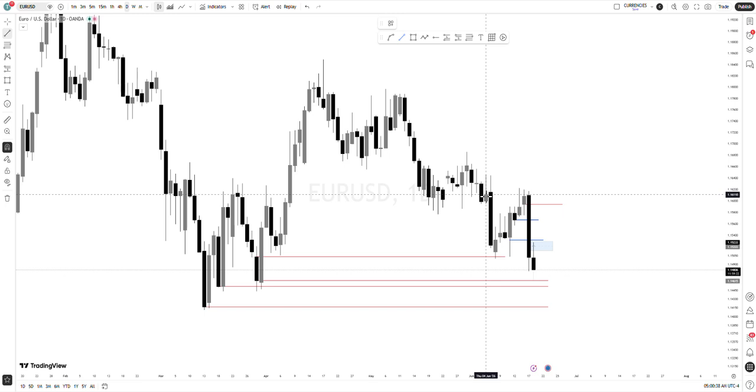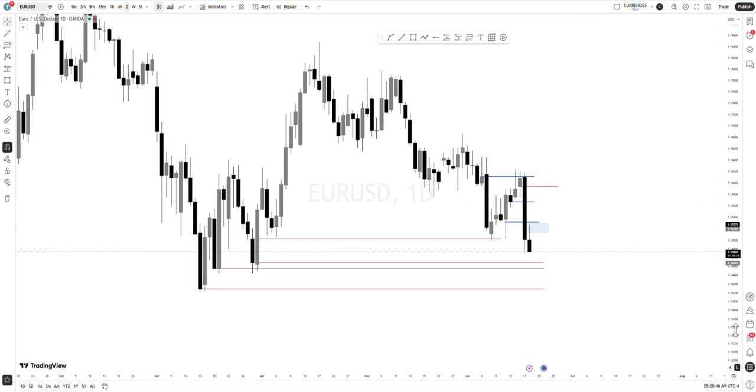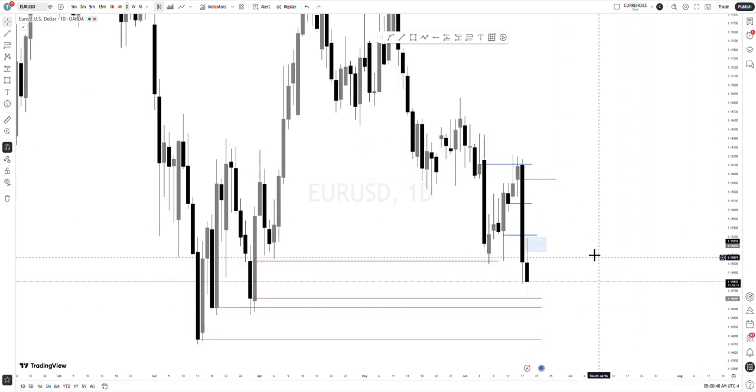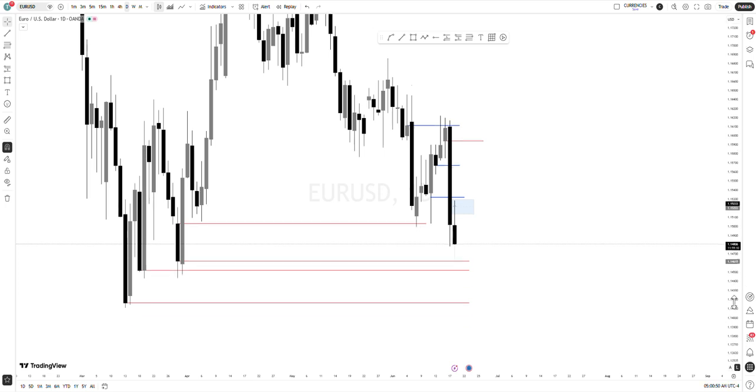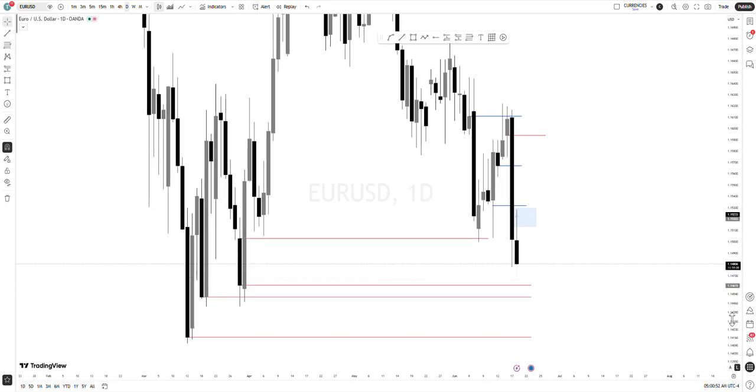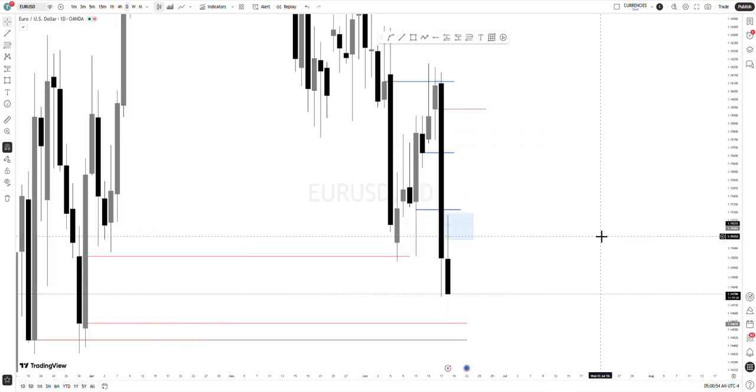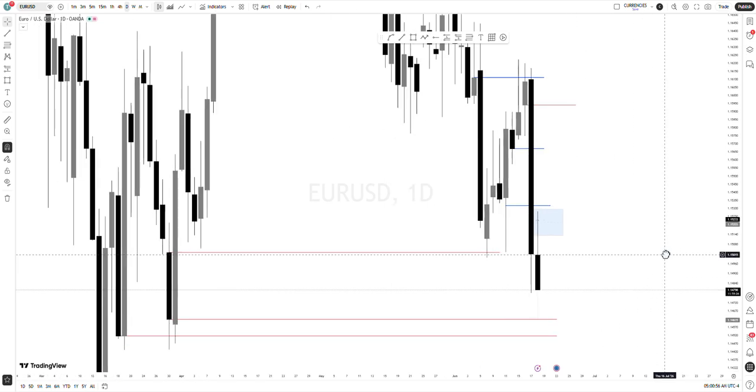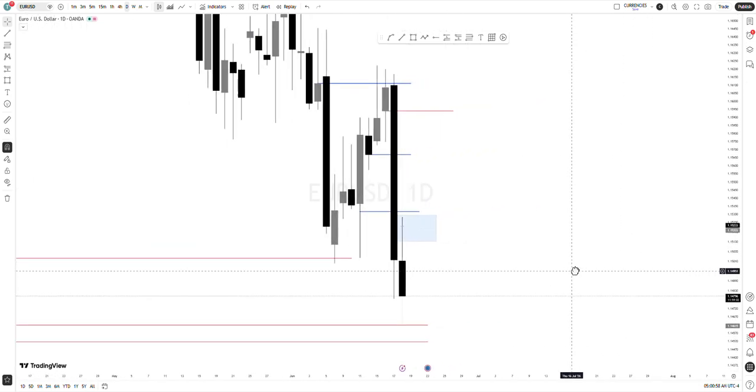This bullish key level rejected price. You can see we have a candle closure below the level, and now a new storyline has started on the daily time frame. The daily time frame storyline is currently bearish. That is what we are talking about right now.